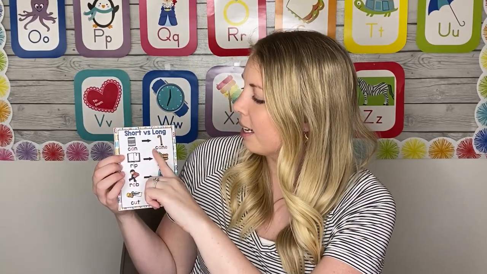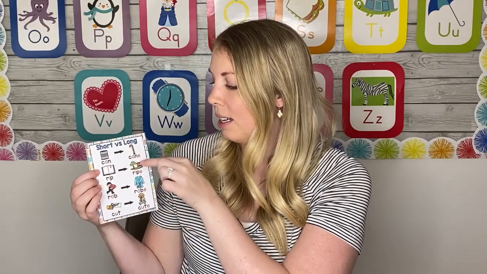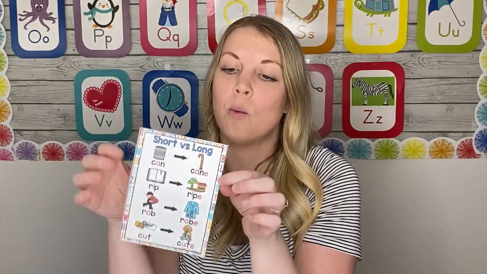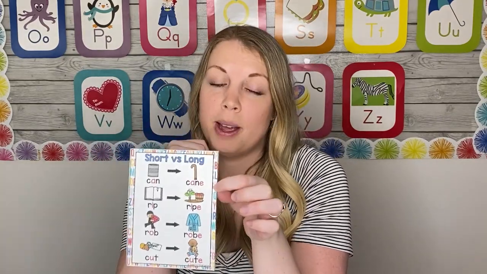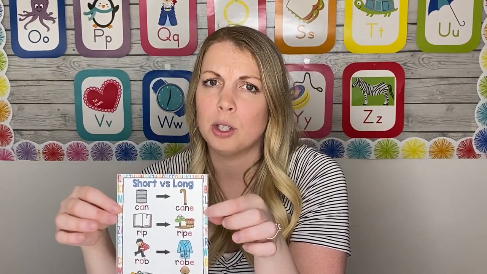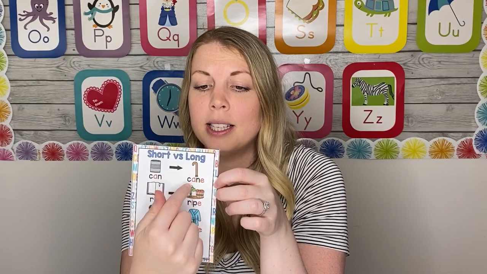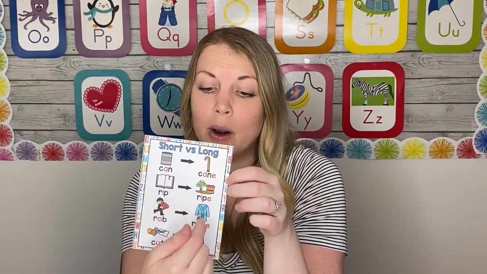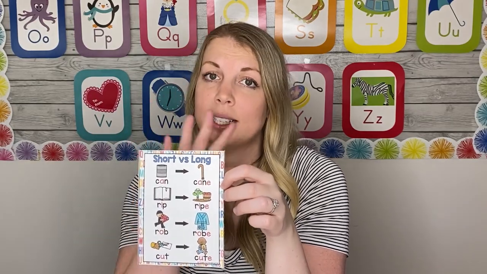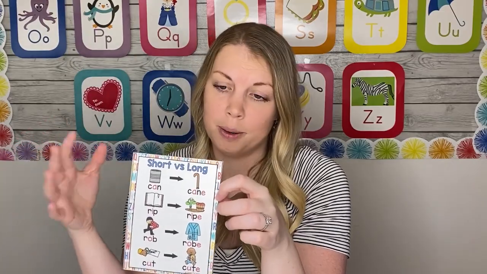Now we're going to say cane. And then the students are able to see can, cane, and they can see that one letter makes a difference, because a lot of times students won't realize that one letter can make a difference, and they're reading can, rip, rob, cut, even though it is a completely different word.